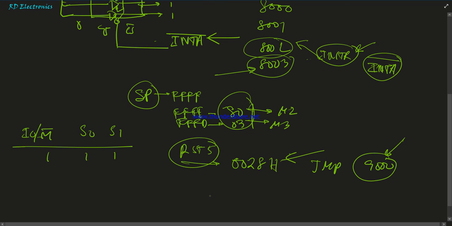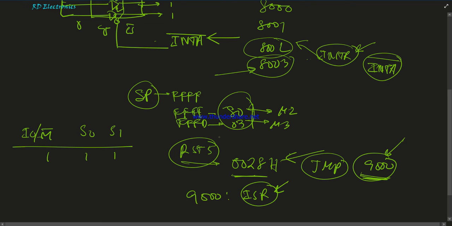There are lots of kits available in the market, and they specify their own programming location. Now we consider that at 0028 a jump instruction is written, and the location is 9000, and here our interrupt service program is written. This is also known as the interrupt service routine, okay.